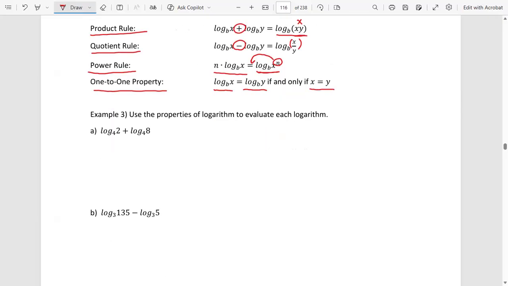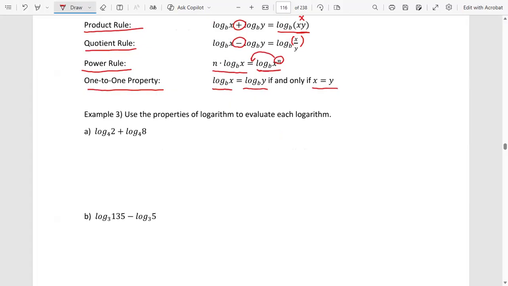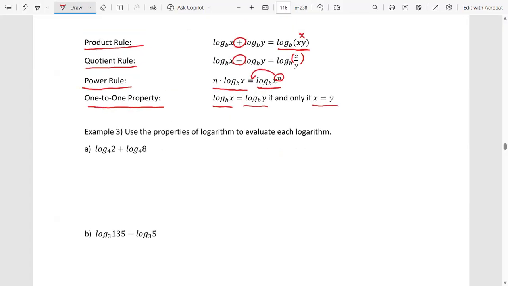Example 3. It says use the properties of log to evaluate each logarithm. We want to evaluate, which means find the value. If I want to find the value, I have to find each of them and then add them together.